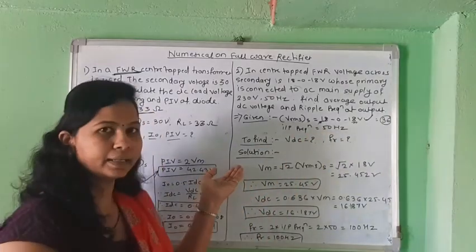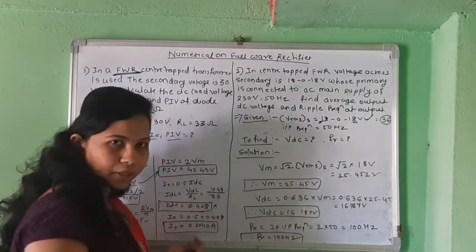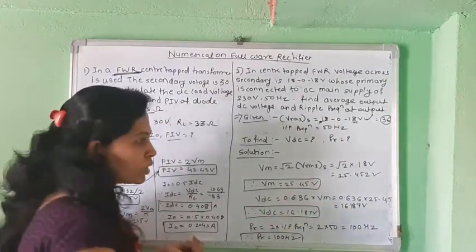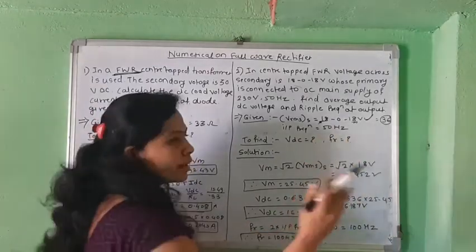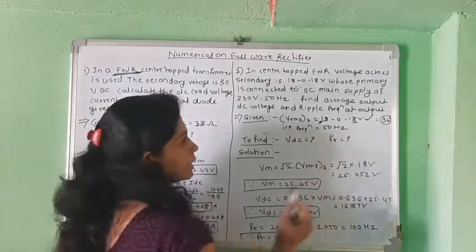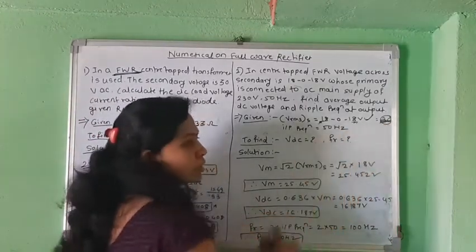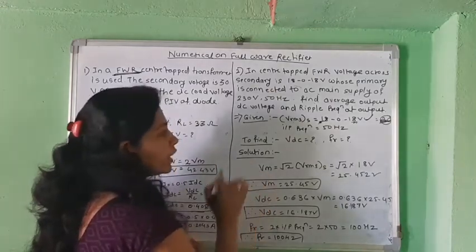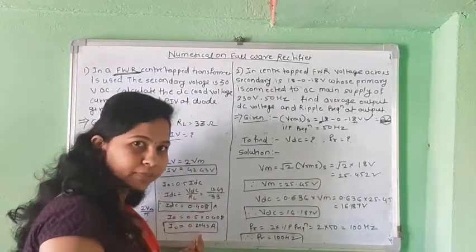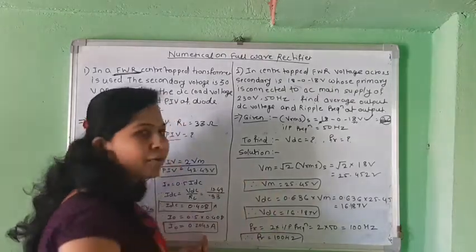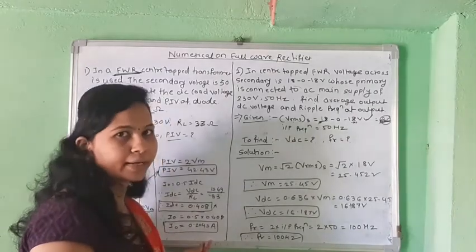So we'll just take VM equals root 2 into VRMS across secondary, using just one value, 18 volt. If they gave us 36, then we would have to take 2 VM and put in the value 36. But they gave it in split form, that's why we take VM equals root 2 into VRMS across secondary.